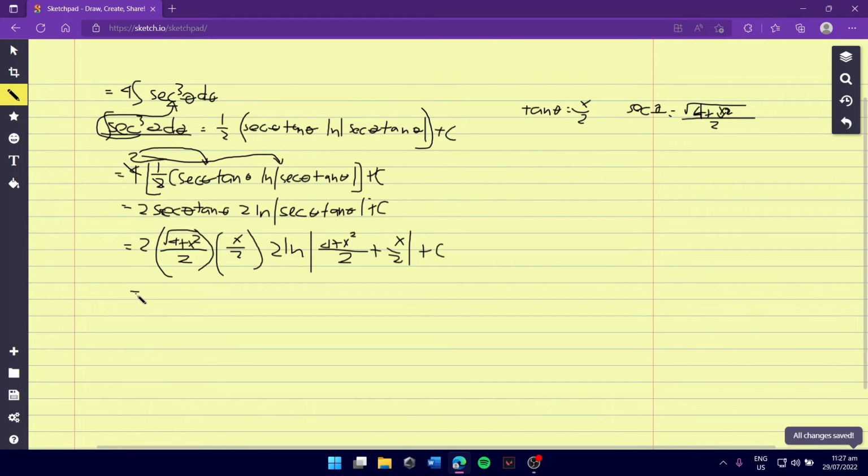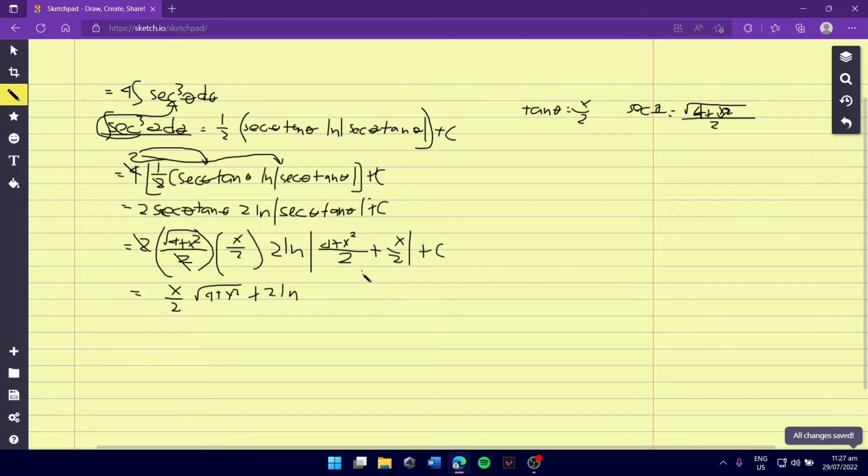So simplifying further, this will cancel out. Okay, so simplifying, we have x over 2 times the square root of 4 plus x squared, and then plus your 2 ln.